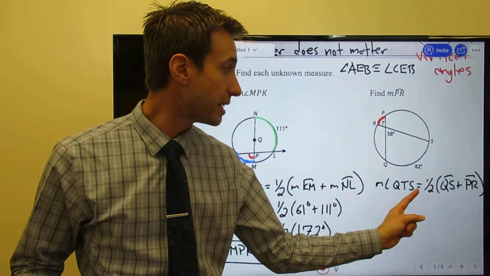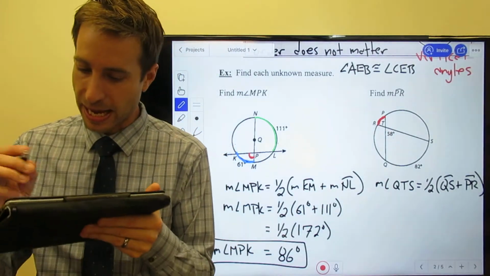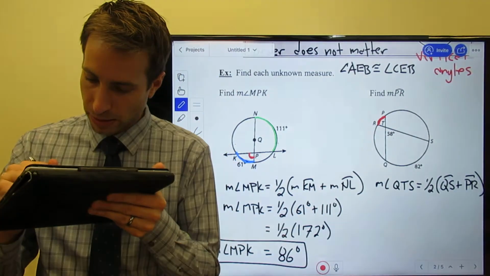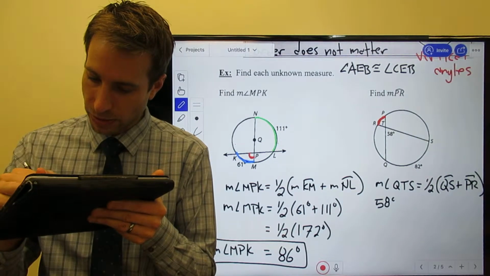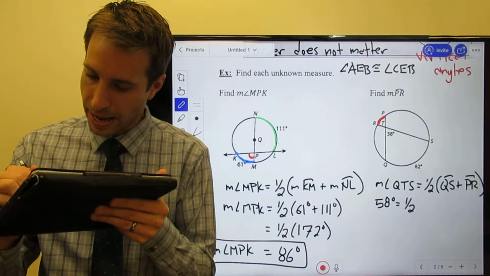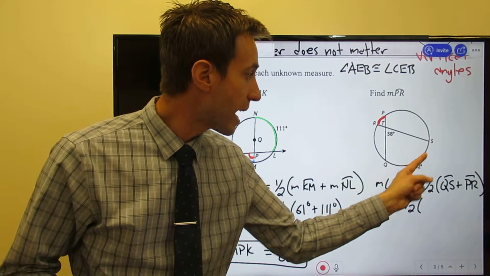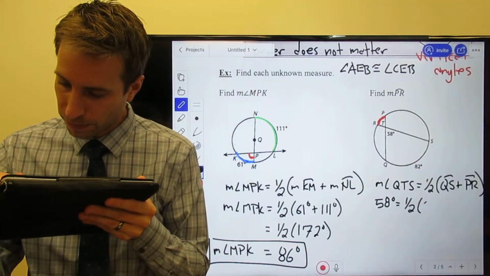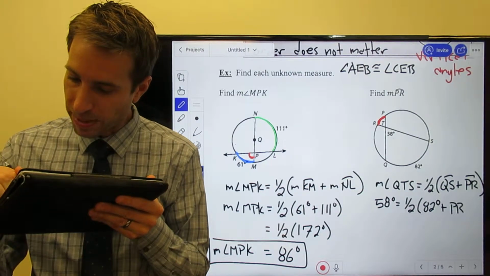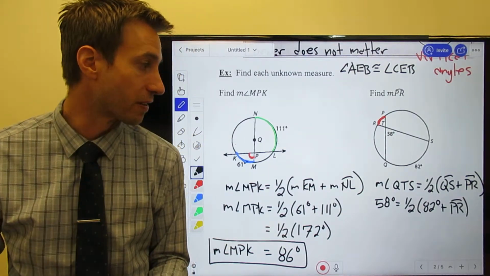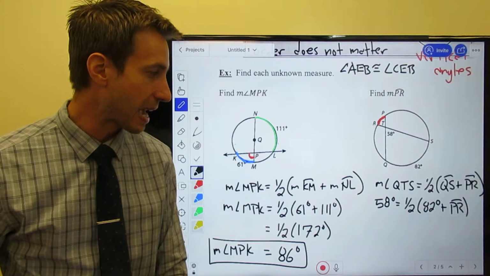Well, I know QTS is 58. So we have 58 degrees is equal to 1/2. Let's see, QS is 82, plus PR, I don't know, that's what I'm solving for. Okay, fantastic, we got a little bit of algebra to do here.